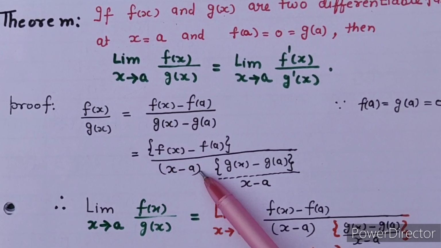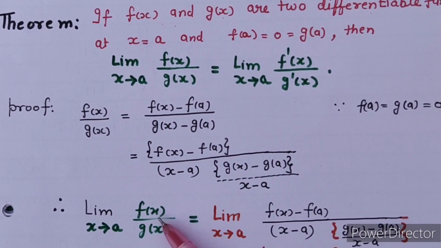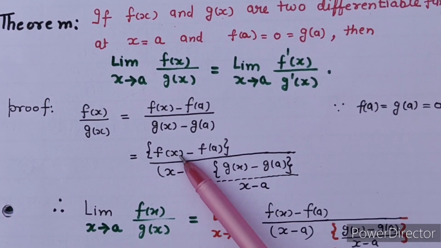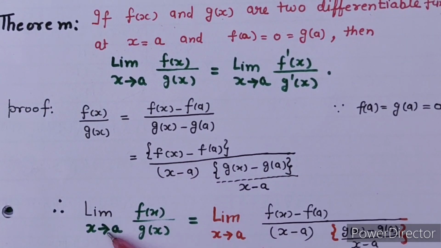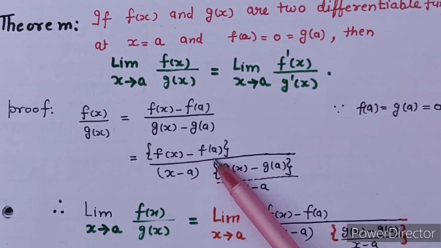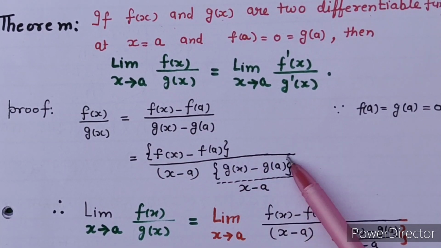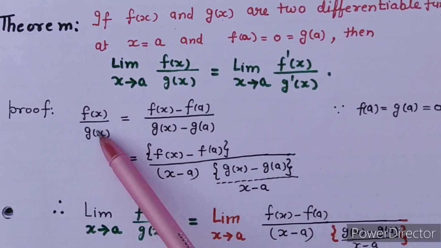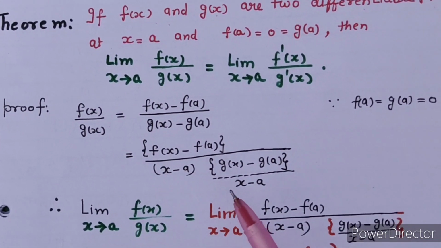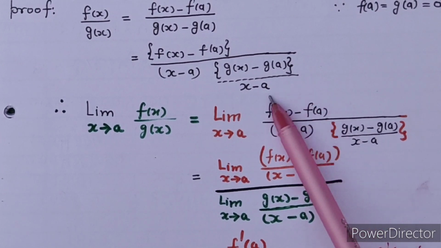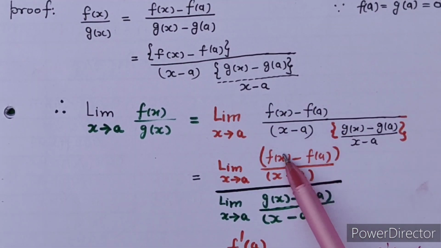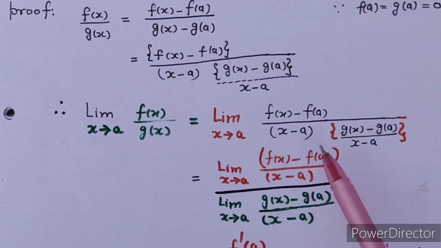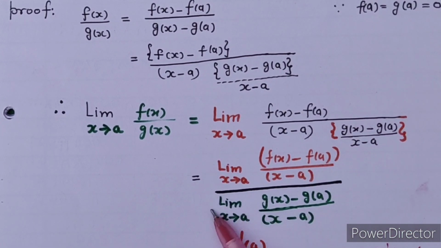So this expression becomes the derivative of f function at a by taking the limit. So first take the limit of this expression, then take the limit of this expression, by taking the limit on the left hand side. So this term with the limit gives you this expression, and g of x gives this expression.